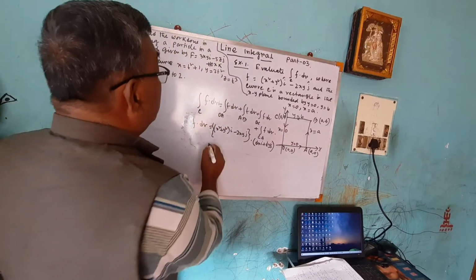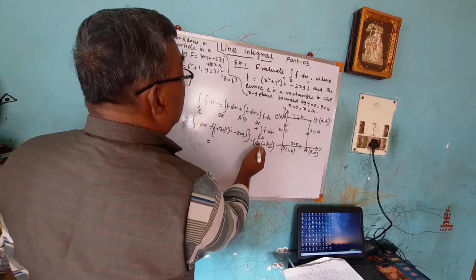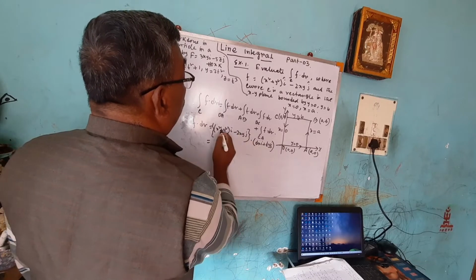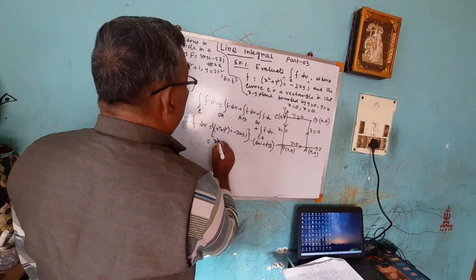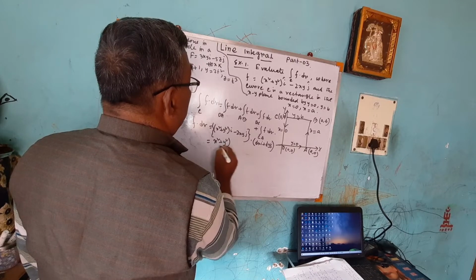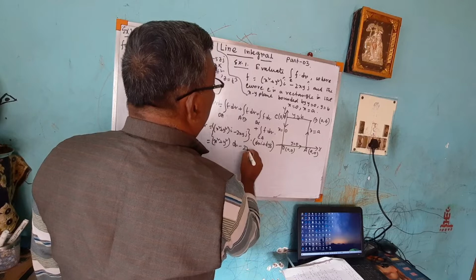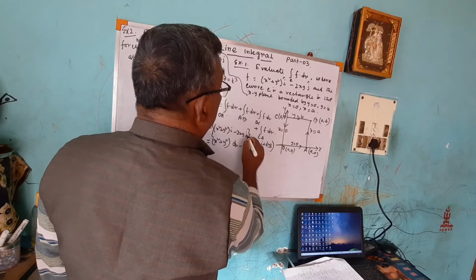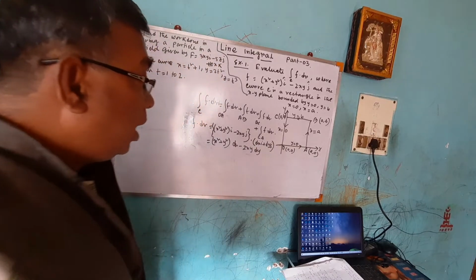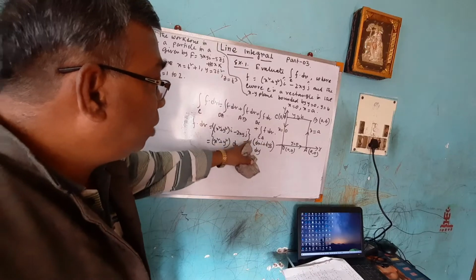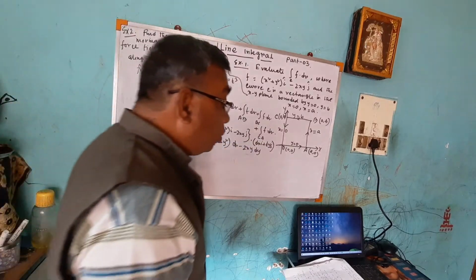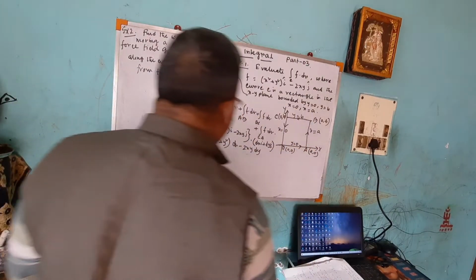So F dot dr equals (x square plus y square) dx minus 2xy dy, because i dot i is 1, j dot j is 1, and i dot j and j dot i are 0. So this is actually F dot dr.